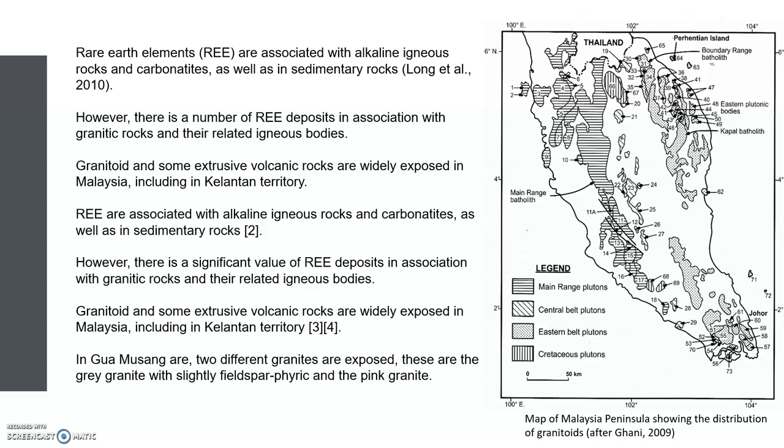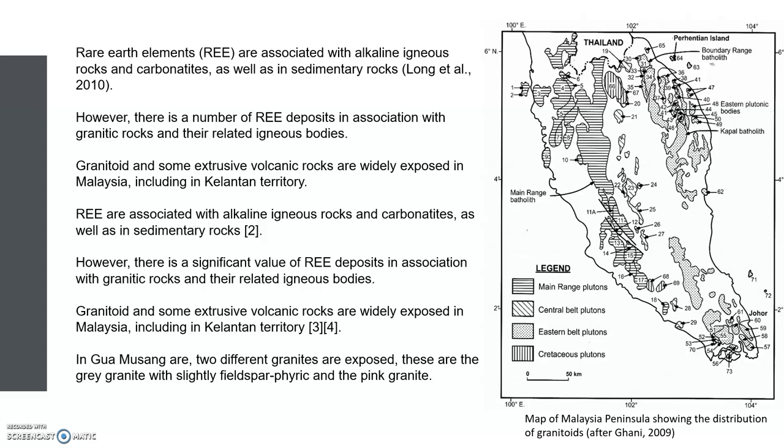Granitoid and some extrusive volcanic rocks are widely exposed in Malaysia, as shown in this map, including Kelantan territories. About 40% of granitoids form on the land surface and as the bedrock of main mountain ranges.